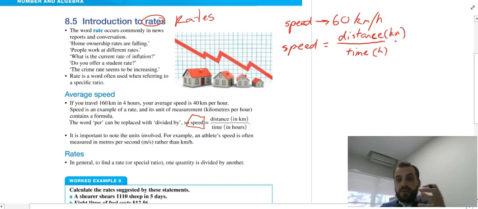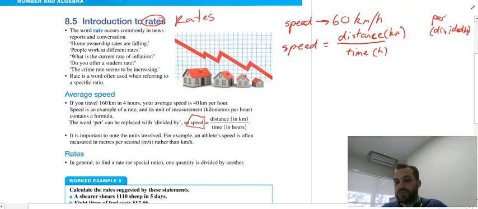So speed equals distance over time equals kilometers per hour. When we say the word per, what we're really saying is divided by. So speed equals 60 kilometers per hour.